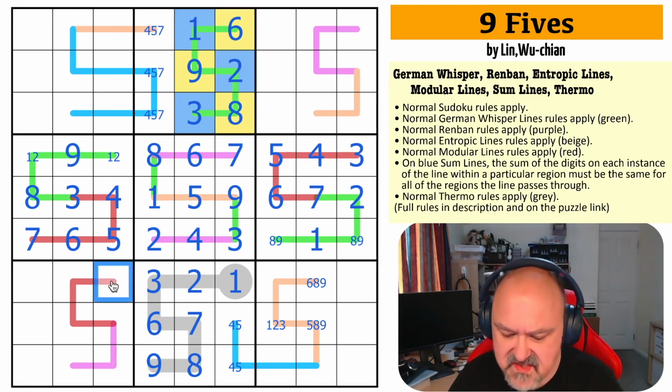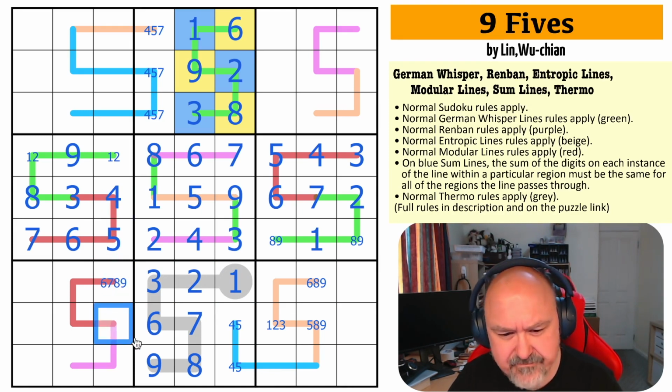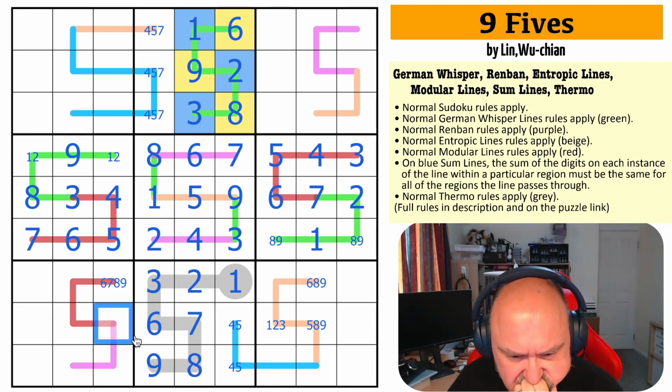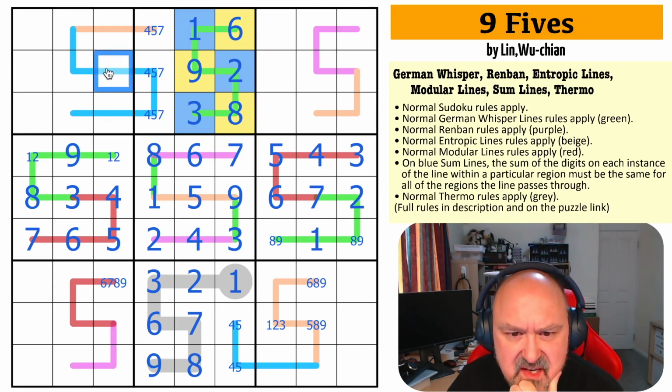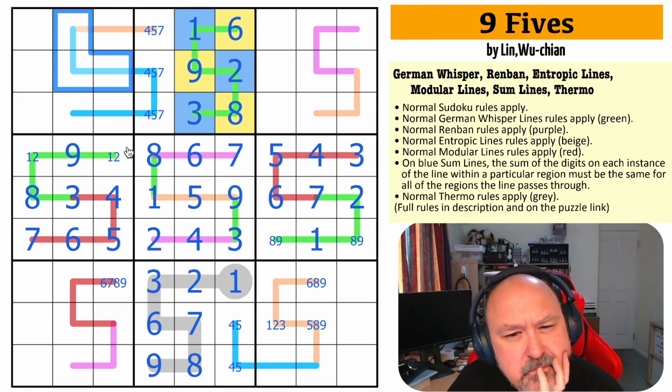So this is from 6, 7, 8, 9 because of the 1, 2, 3, 4, 5. But that is all modularities. These are either 9 if they're 4, 5, 11 or 12.